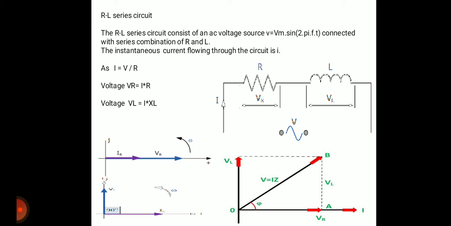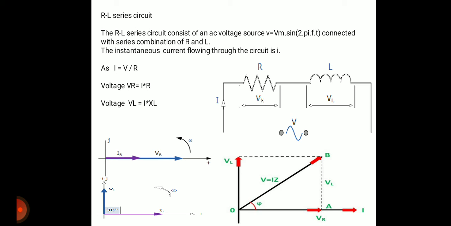Now we can draw the phasor for the voltage across the resistor, which is VR. What is the relation between IR and VR? If we apply a voltage across resistor R, then the current flowing through the resistor will be in the same phase as the voltage across the resistor. So the voltage across the resistor VR and the current through the resistor IR are both in the same phase, so there is no phase difference between VR and IR.